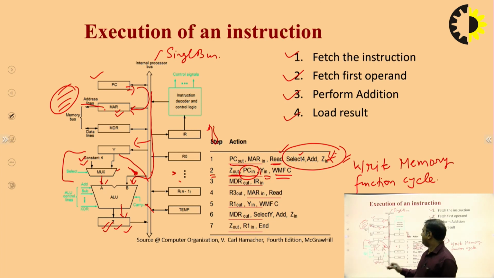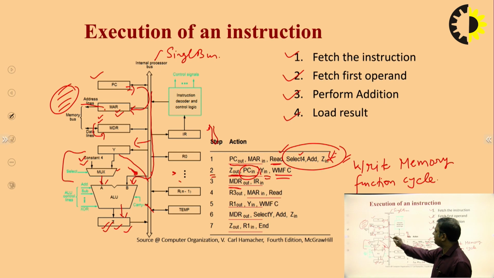Next, MDR out. MDR out means the data which has been read has been transferred into the MDR, the memory data register, and then IR in. The MDR transfers its data into the instruction register, that is IR in.